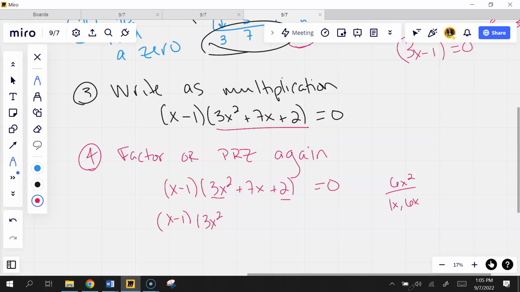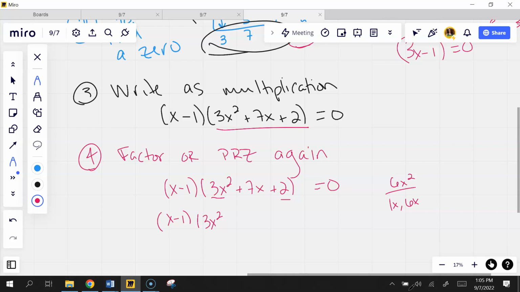Oh, they don't know how to factor. So you multiply the first and the last. He just missed the first number. Robert, did you just miss the first number or you just don't know how to factor?